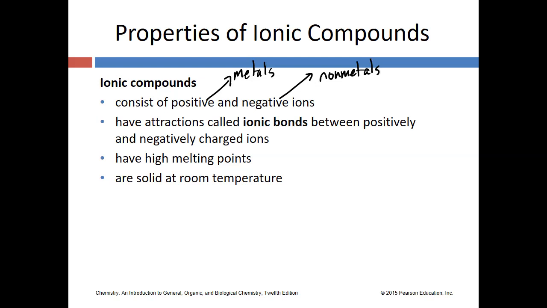And again, just for clarity, when we're talking about positive and negative ions, what we're really talking about are metal ions and non-metal ions. Metal ions are the positive side, non-metal ions are the negative side.